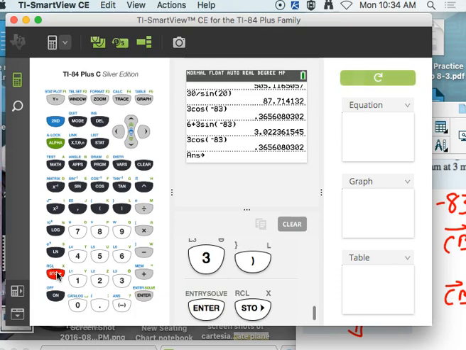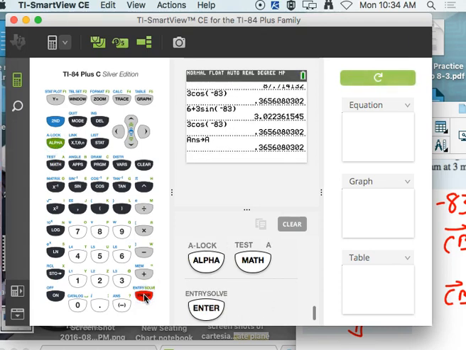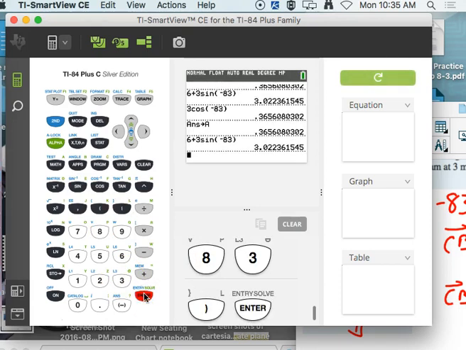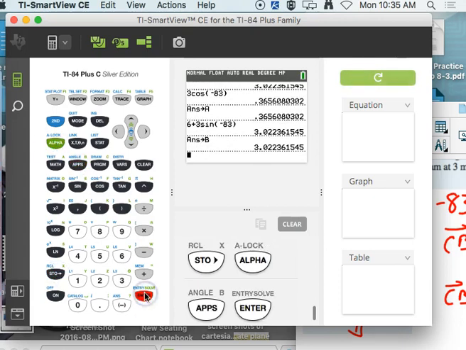I've got my capital A right above the math button, so alpha A. That's going to keep that 0.366 in perfect form for me. And then 6 plus 3 sine negative 83. And I'll just store that in B. Store alpha B, just in case we should need that later.